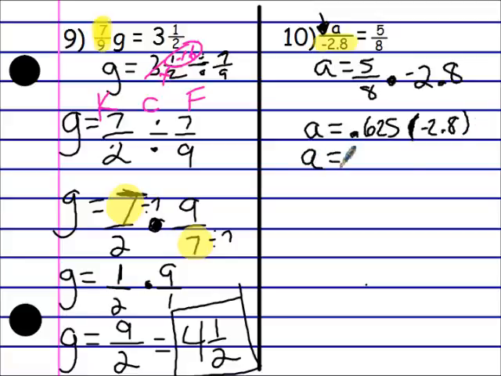And a positive times a negative will give us a negative answer. And we're ready to multiply. We have 625 times 2.8.